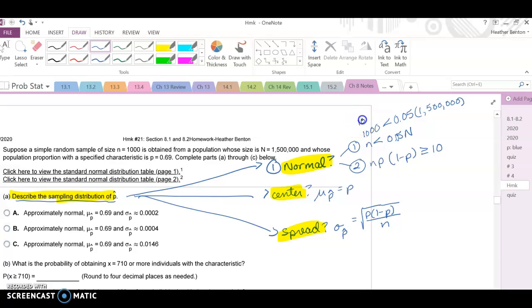So we're good there, because 1,000 is definitely less than 75,000. Okay, so check.